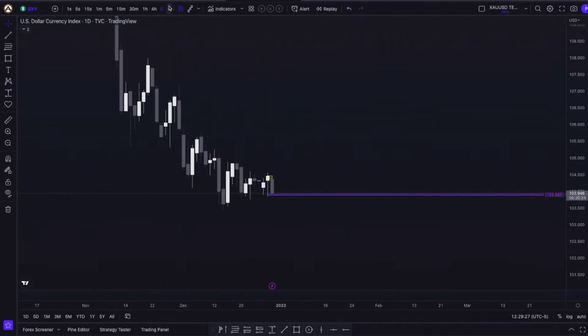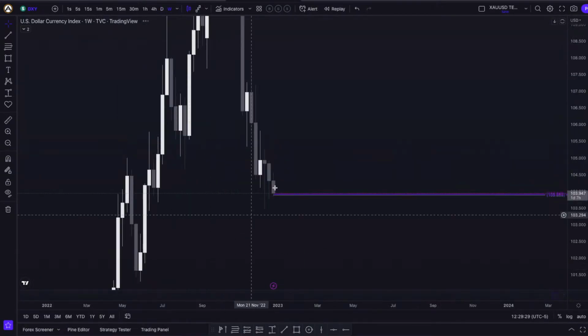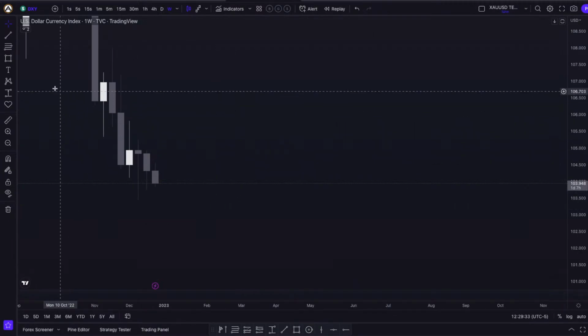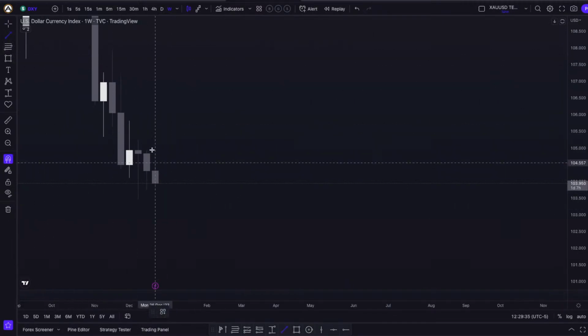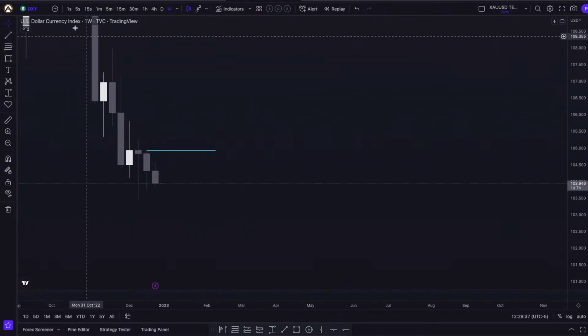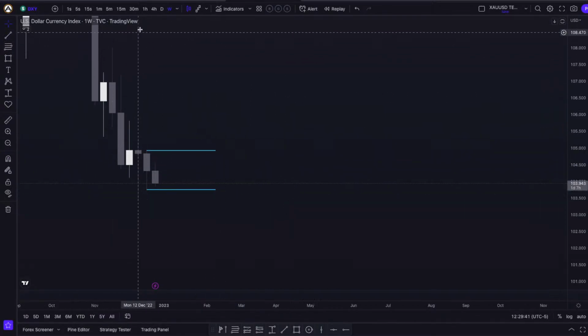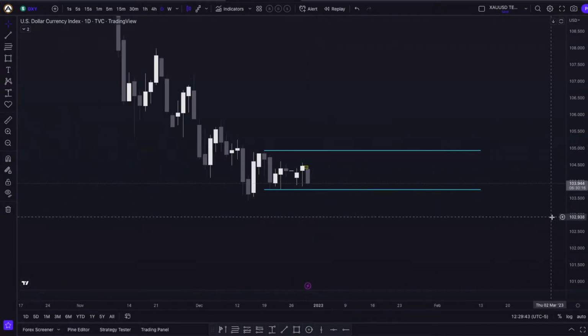Also still within our, let's go over to the weekly. Of that, our previous week's high right here and our previous week's low right here. Switched on to the daily.